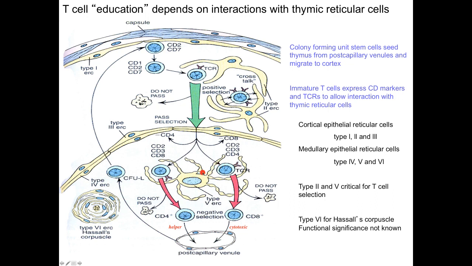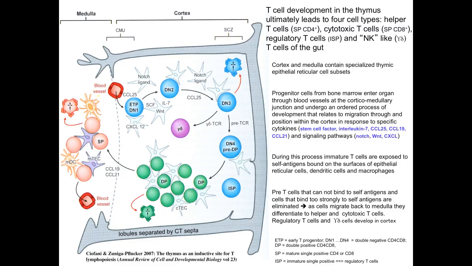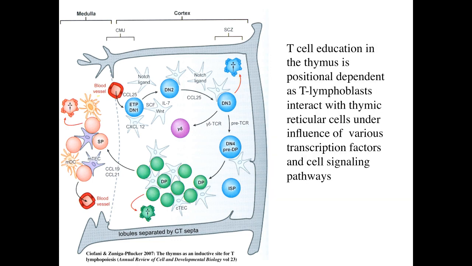These interact with type 5 thymic reticular cells, and these T cells will mature into the functional helper or cytotoxic T cells. This is a very complicated slide, well beyond the scope of our course. Let me just make it simpler here and just say we believe the T cell education in the thymus is positional dependent as T lymphocytes interact with the various thymic reticular cells under the influence of various transcription factors and various cell signaling pathways.